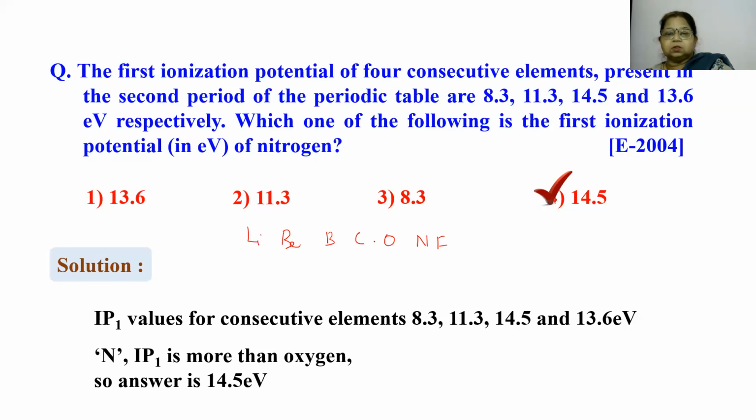Nitrogen cannot be counted as element number 1, right? It has to be somewhere in between. So if I say this is 1, 2, 3, 4, I can pick these 4. In such cases, the correct answer is always the highest ionization potential, right?